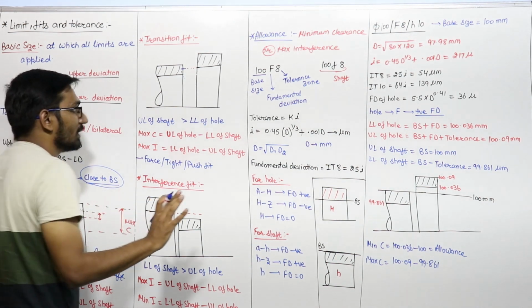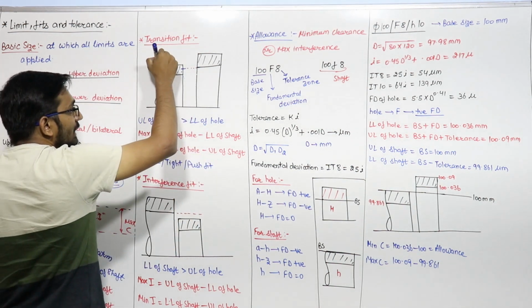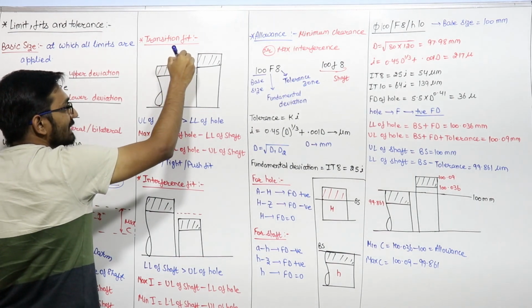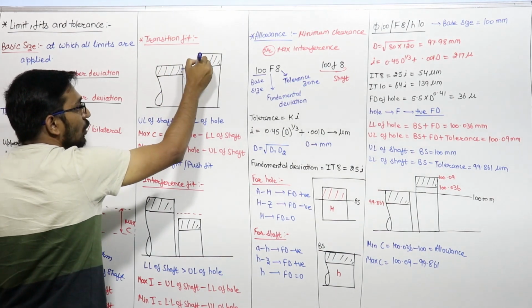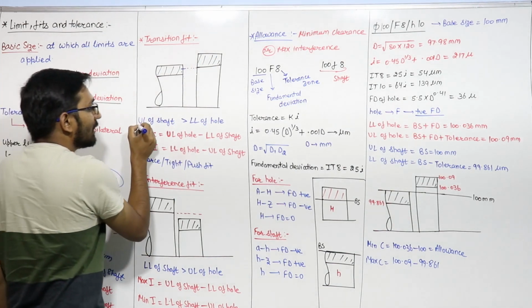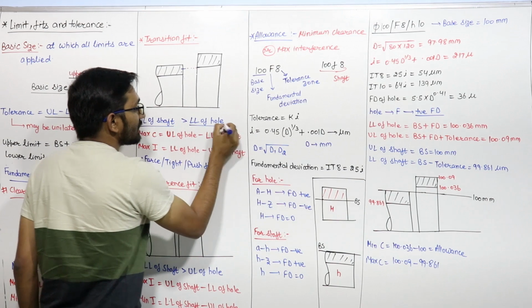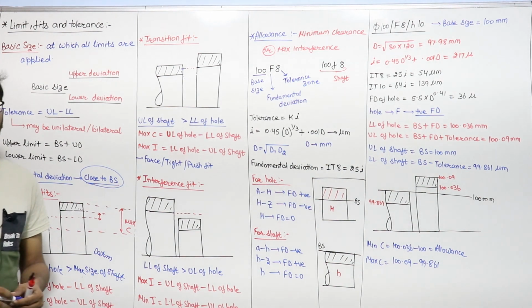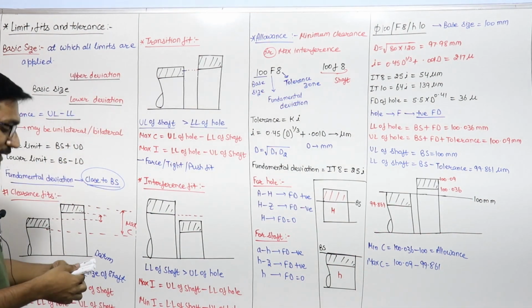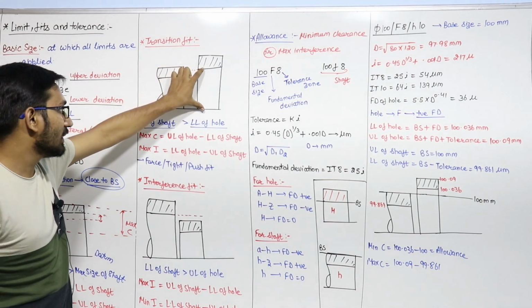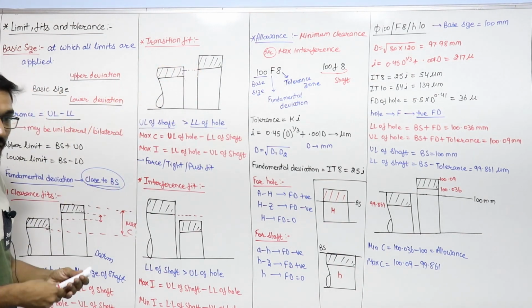That means the upper limit of the shaft का जो upper limit है, that is greater than the lower limit of the hole. If this is the case, then that fit is known as the transition fit.